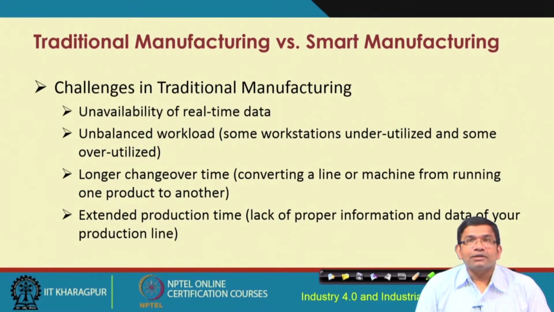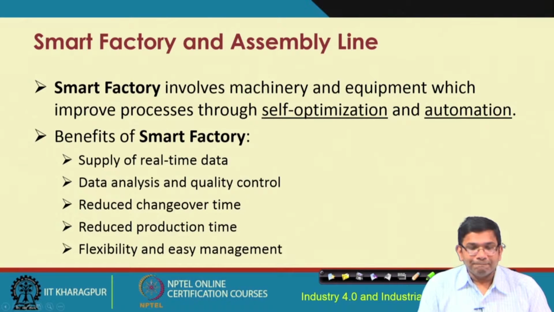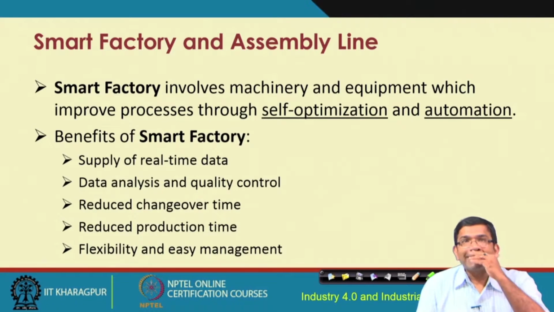Smart factories, smart manufacturing is what we are going to talk about over here. So, whenever we are talking about a smart factory, it integrates IT and OT. So, you have these traditional machinery, the traditional equipments, the traditional operational technologies and their optimization, self optimization, automation and so on.